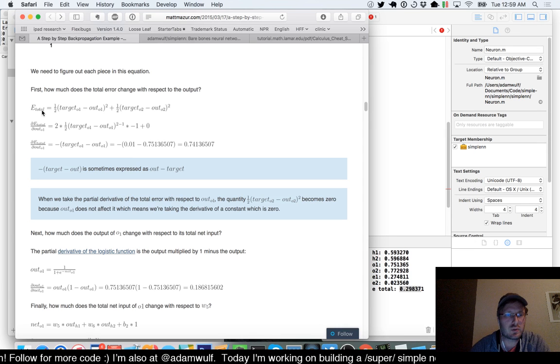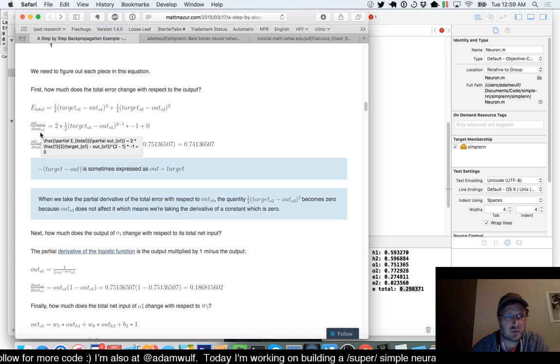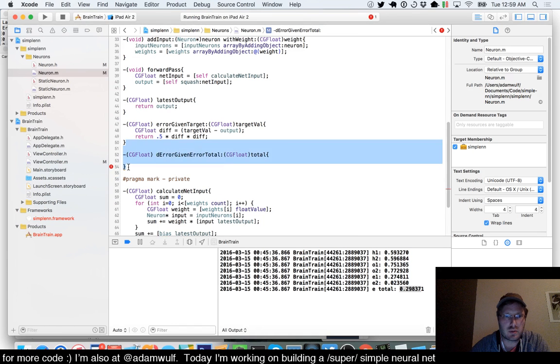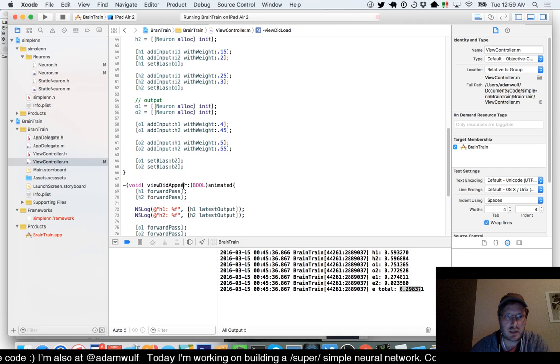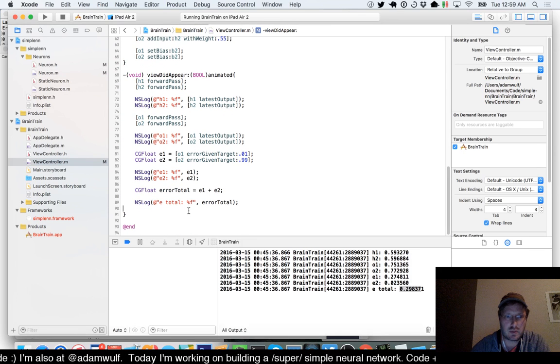It's e total, that's the derivative of e total. So we don't actually want to do it inside the neuron. We're just going to do it outside for now, and we'll clean it up later.